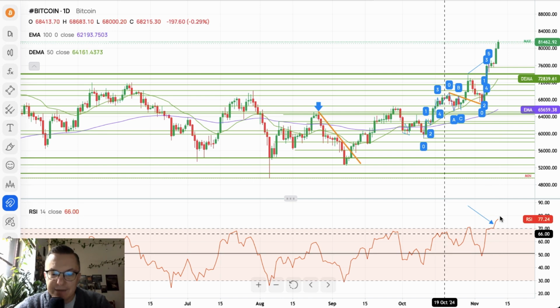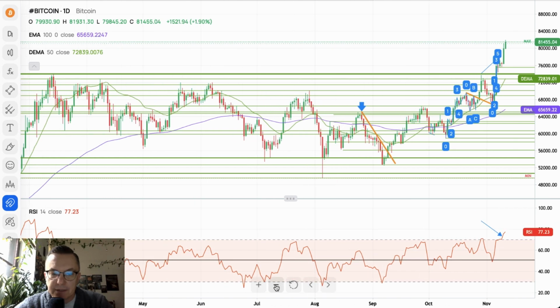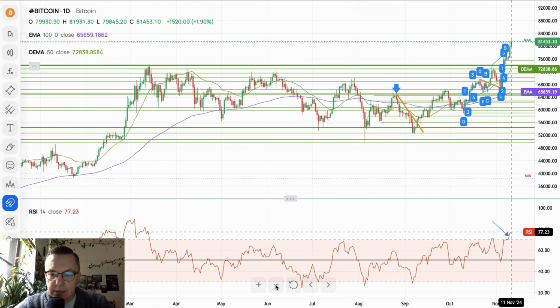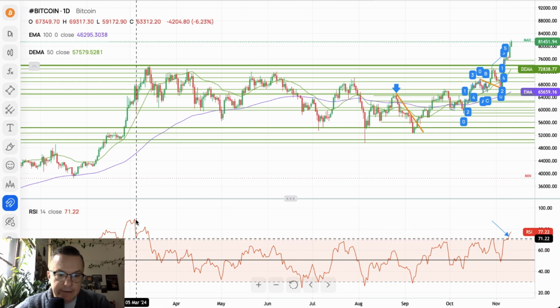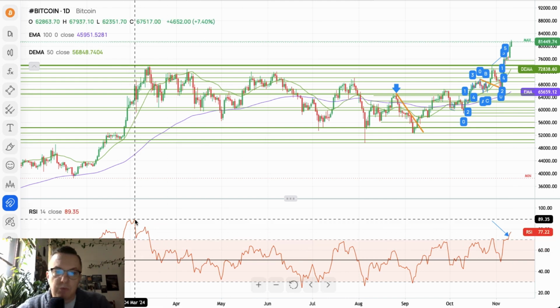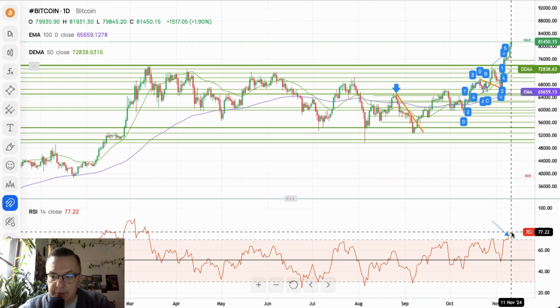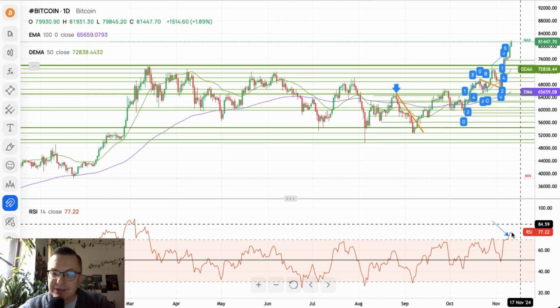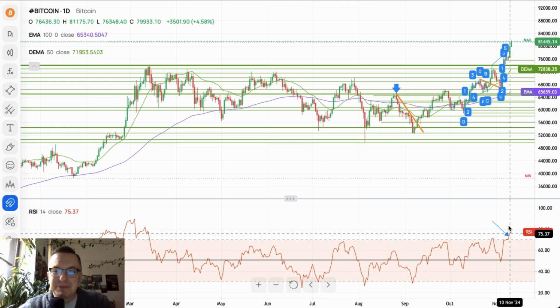Doesn't care at all. We haven't seen this kind of overbought conditions since, there you go, somewhere here, March 2024, right? So March 2024, 89 points. November 2024, 77 points. There is still 10 points for Bitcoin to go.